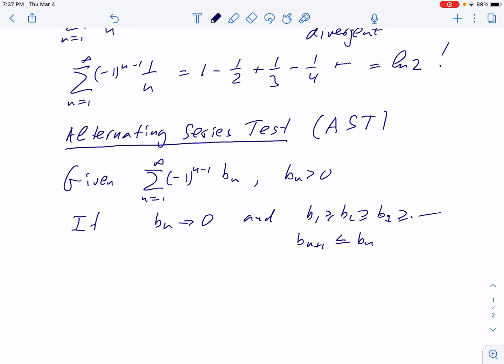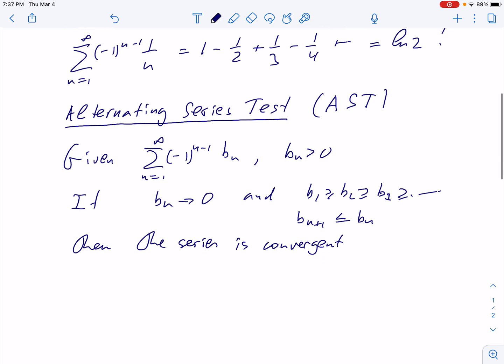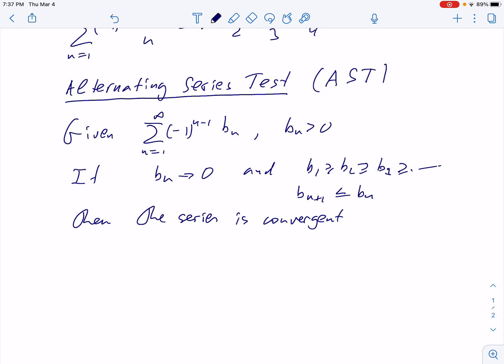Then the series is convergent. So this test tells you about such convergence. So it's sufficient for the general term to approach 0 decreasingly, and you get convergence.